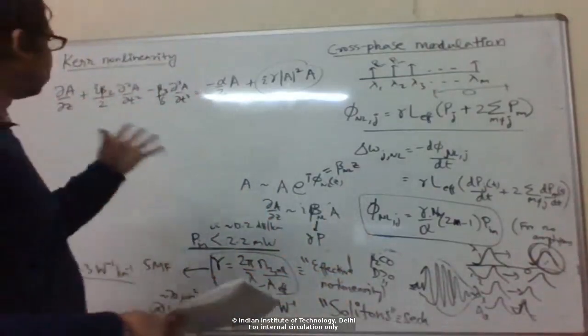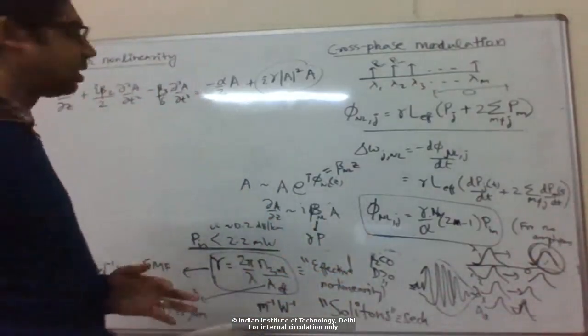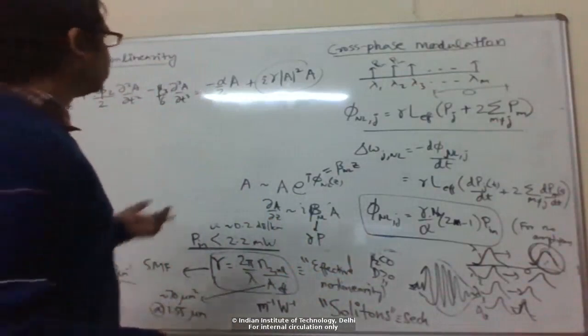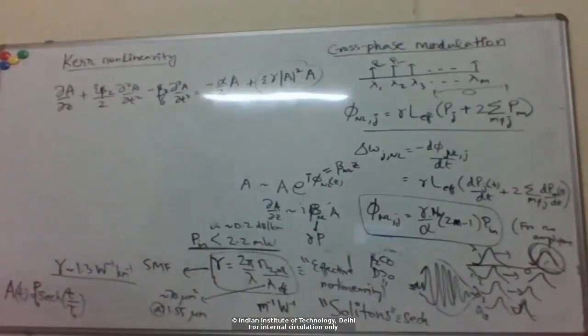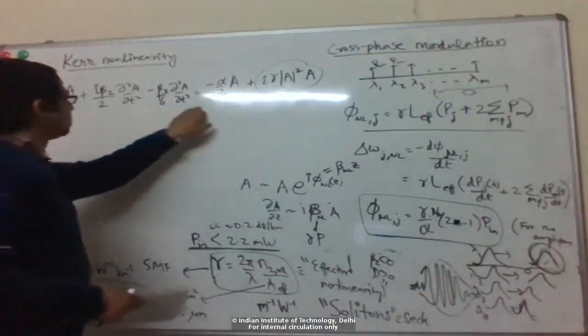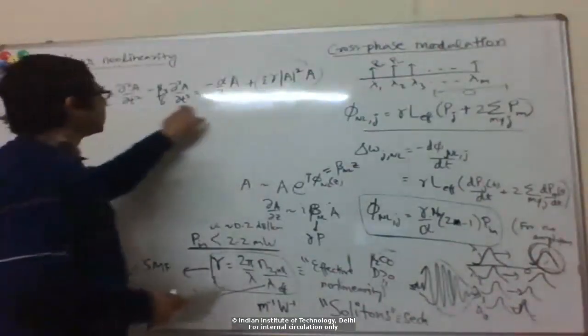So for glass, we don't have any second order nonlinearity, and the first nonlinearity which shows up is third order. But anyway, you can modify the pulse propagation equation like that.